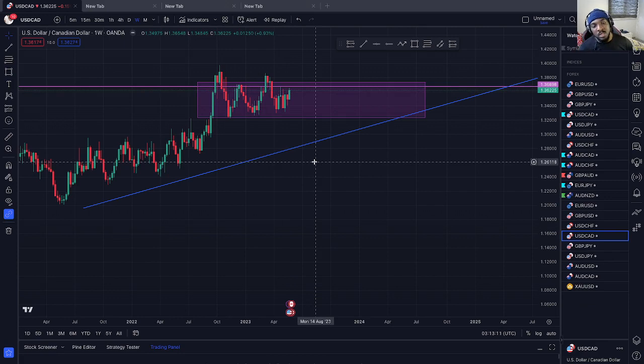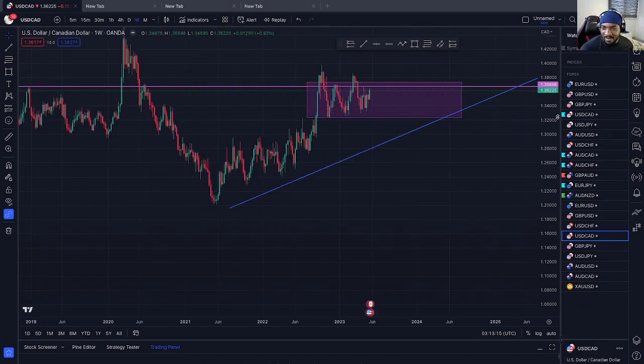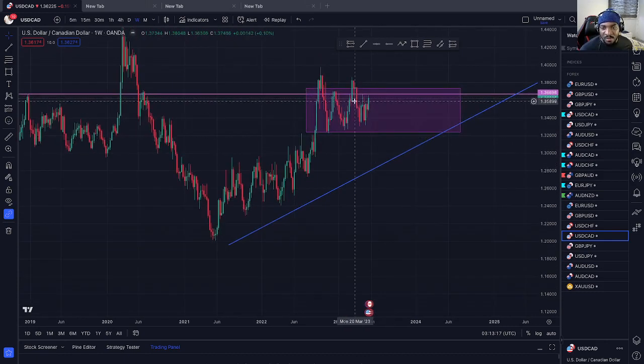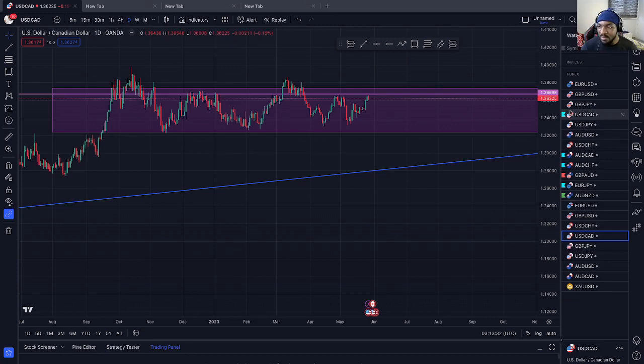I'm not just saying this out of my head. All I'm trying to make you understand is that price broke above this zone, came down here, trying to create a lower high. You could see that there has been a rejection here, which means that price is definitely going to fall lower. But then let's go to our daily time frame to understand that.